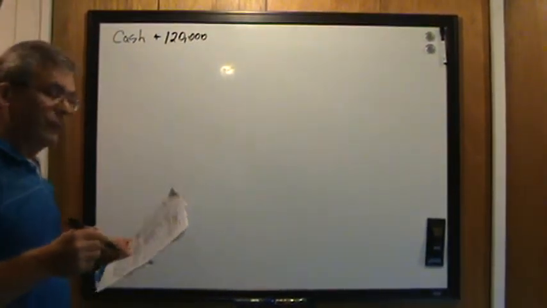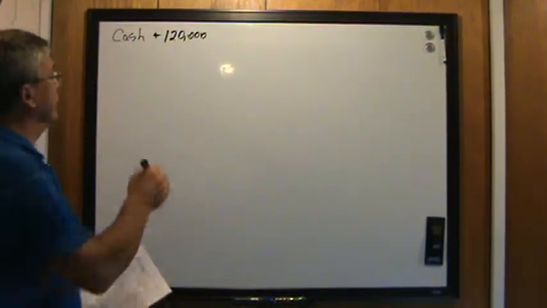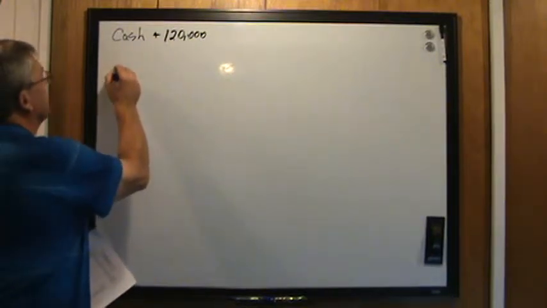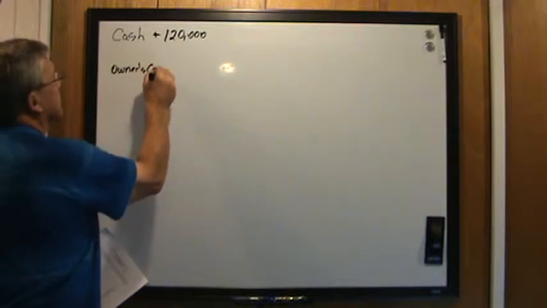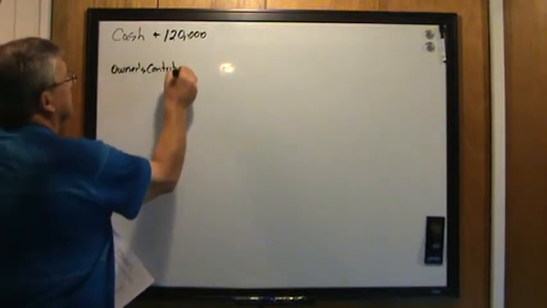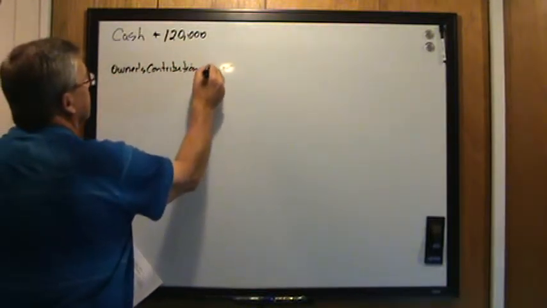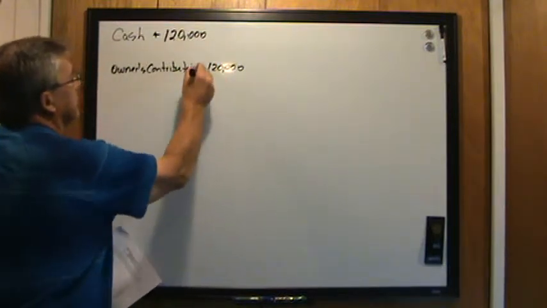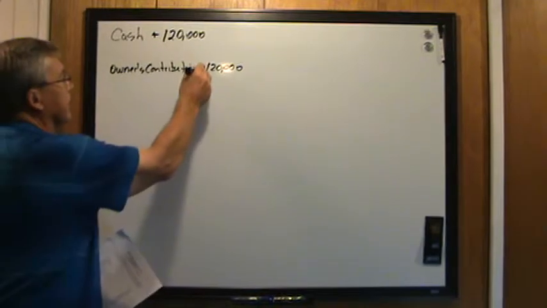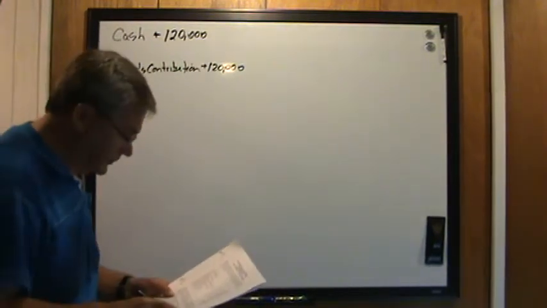And that was a contribution to the business. So we have owner's contribution of $120,000. So that goes directly into equity when we get to that stage.